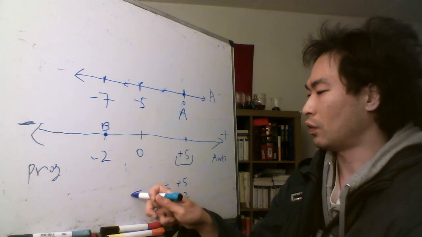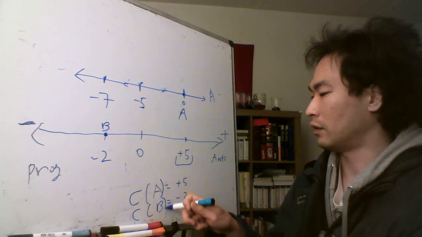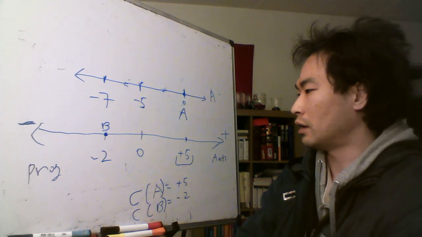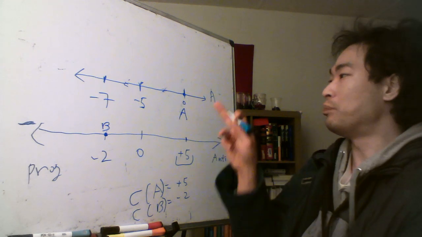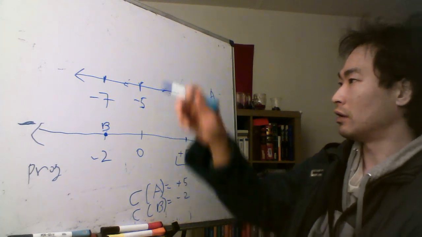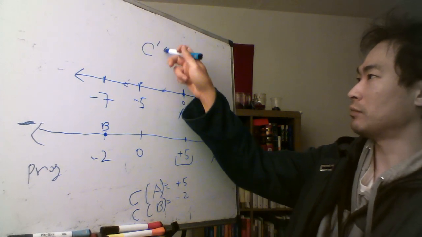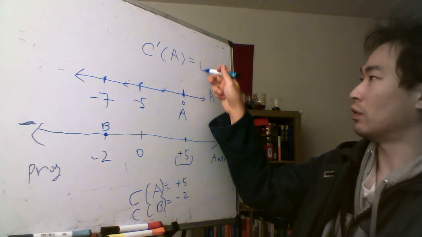We see the coordinates of A and B. Now, in Adam's frame of reference, we call it C prime, what is A's coordinate? 0.